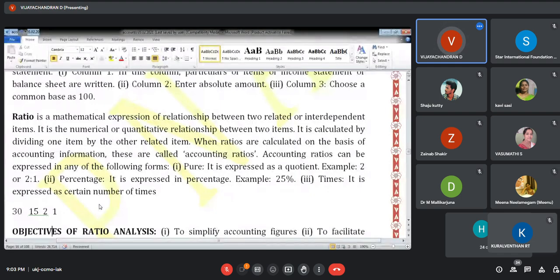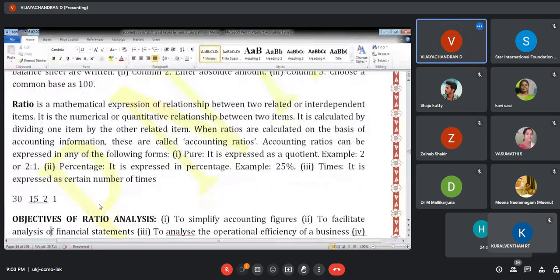One is the financial ratio. Next one, you have to know, is the turnover ratio. Turnover will be based on the sales, correct?